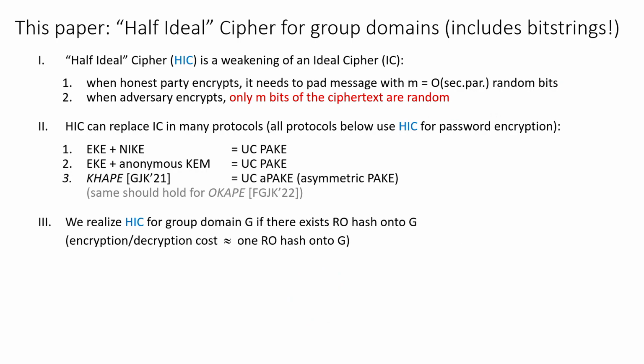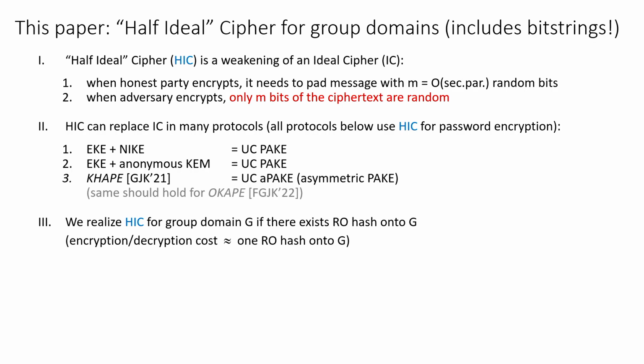So in this paper, we introduce the notion of half-ideal cipher, in particular for group domains, which includes bit strings, just as a clarification. A half-ideal cipher is a weakening of an ideal cipher model in two ways. First, you need padding.